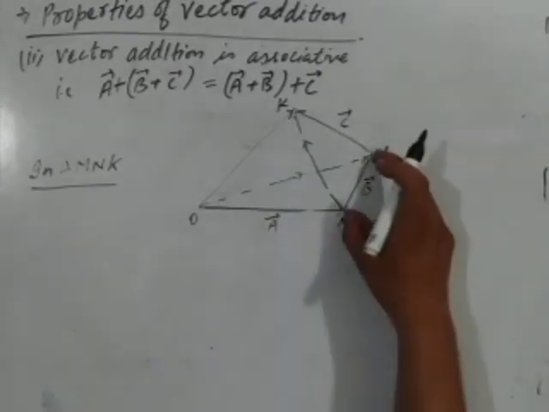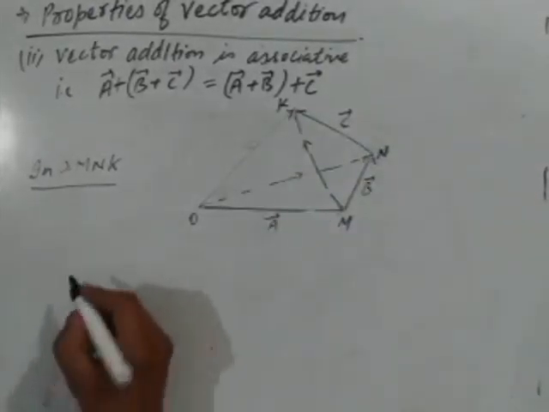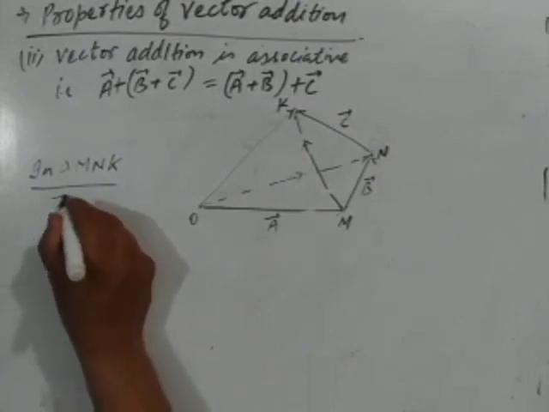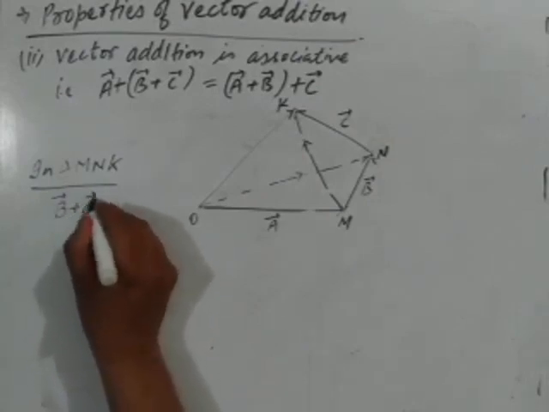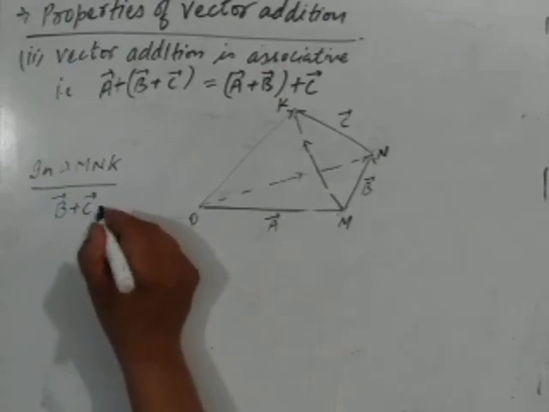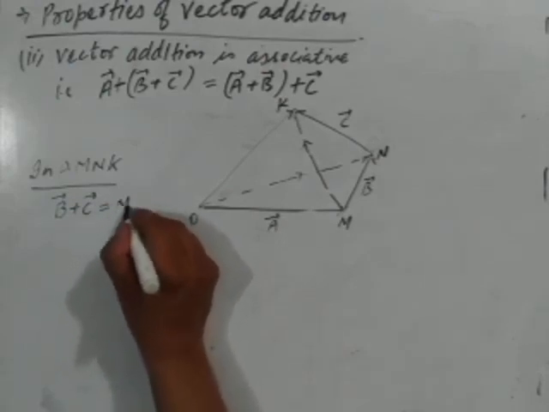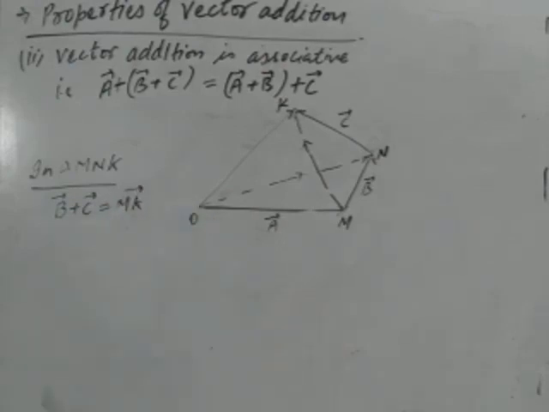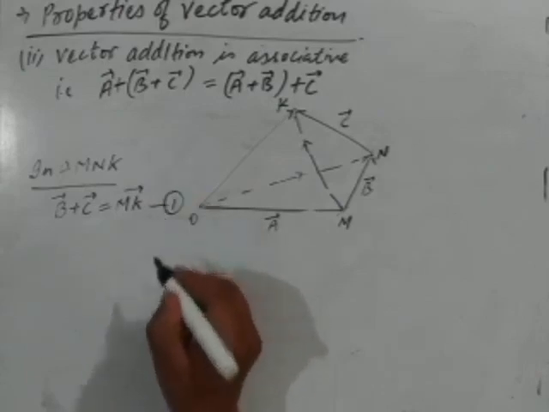So MN is equivalent to B and NK is equivalent to C. So B vector plus C vector equals MK vector. This is equation number 1.